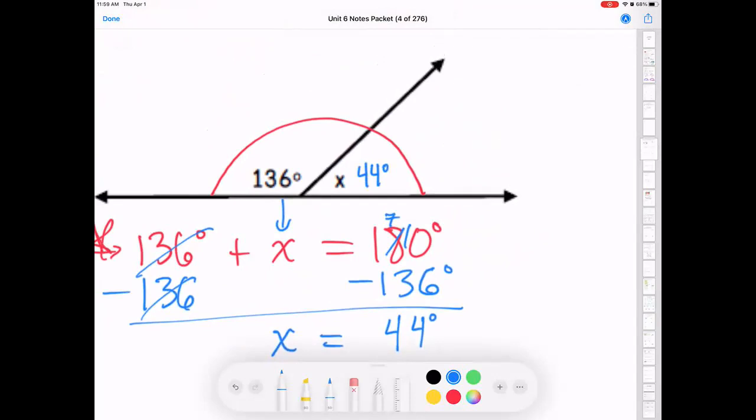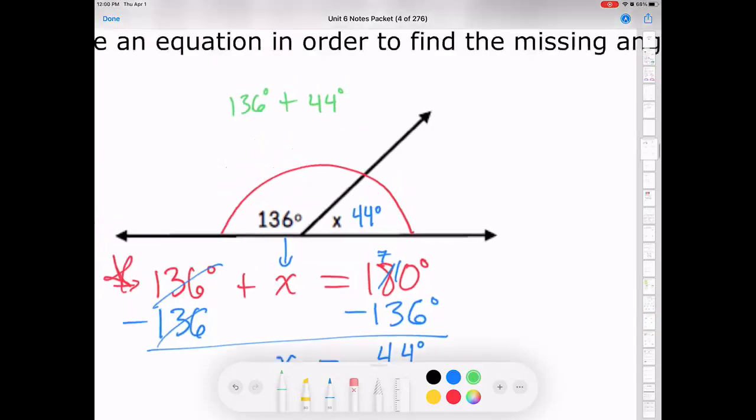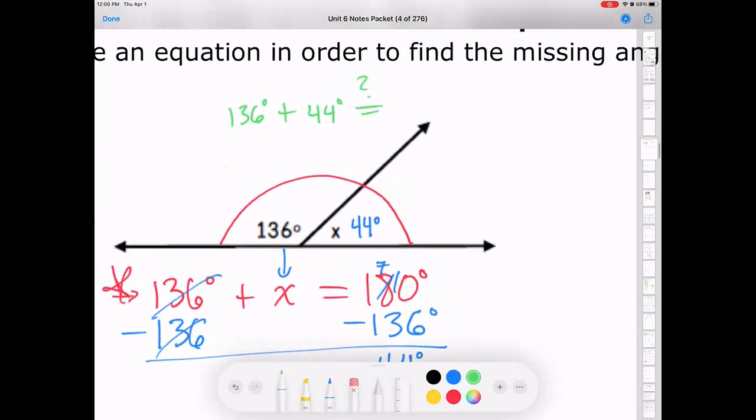Now, some teachers, and especially in high school geometry, what they're going to have you do is, now that you have found x, you're going to plug it back in and check and see, hey, did I actually get this thing right? So we know if we have 136 plus our angle that we really think is 44 now, do we in fact end up with 180 degrees?